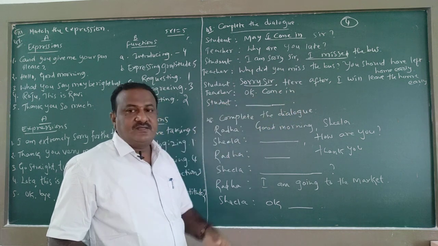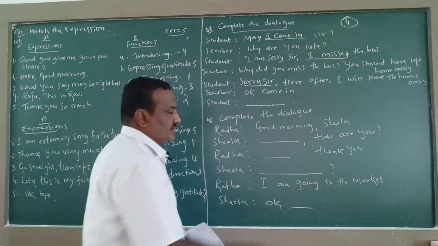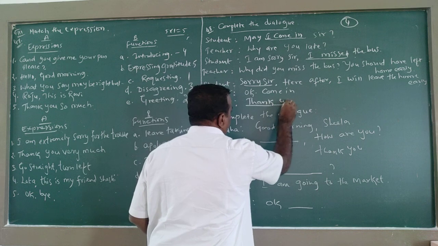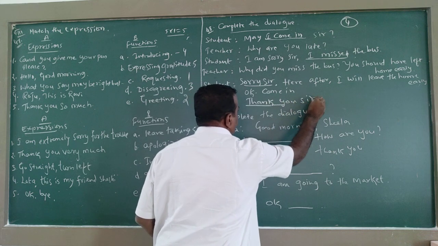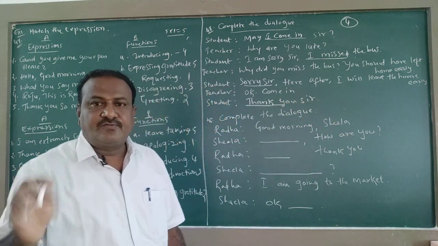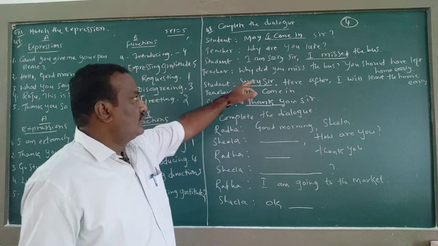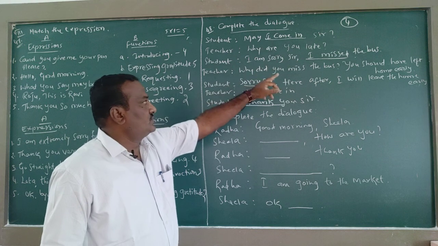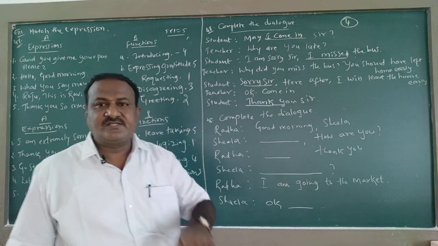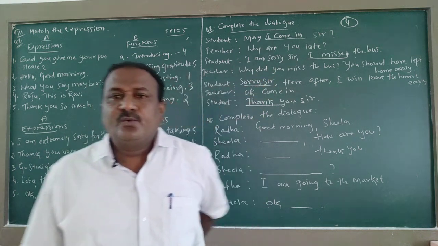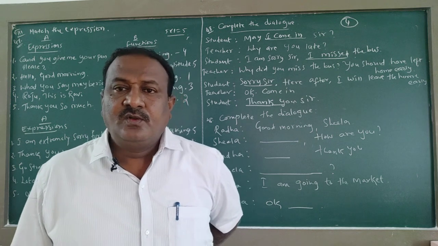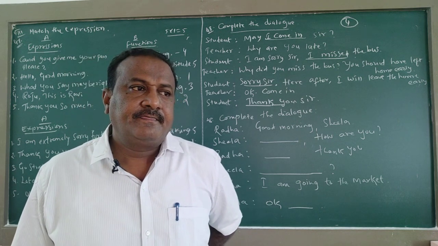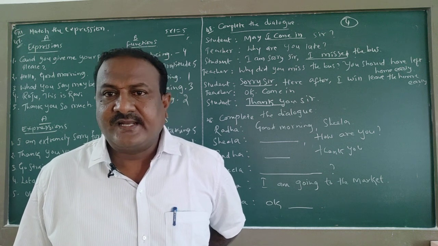Teacher: Okay, come in. Then, thank you sir. So, 4 marks. 4 blanks will be there, 1, 2, 3, 4, and you can write it according to that conversation, dialogue.